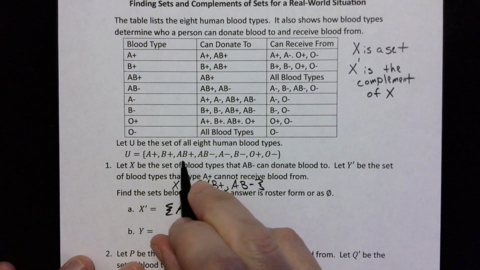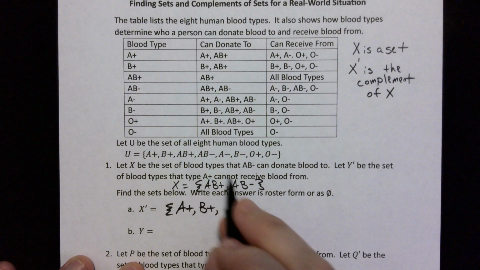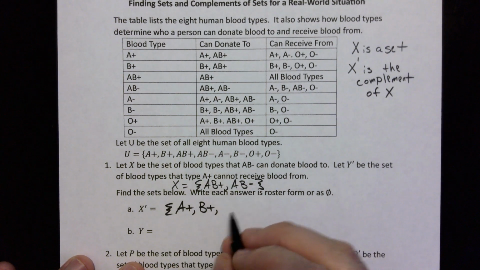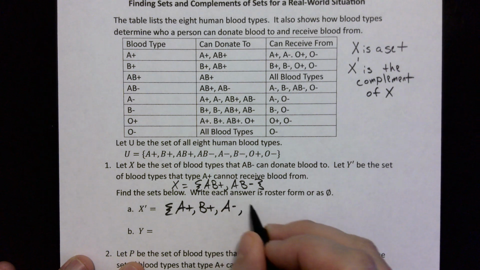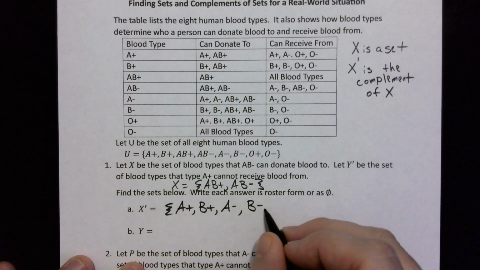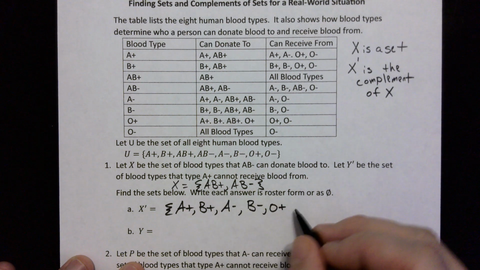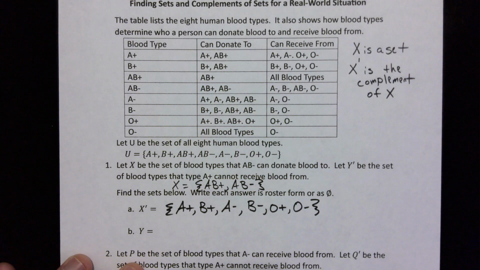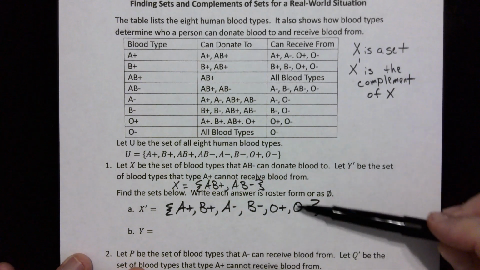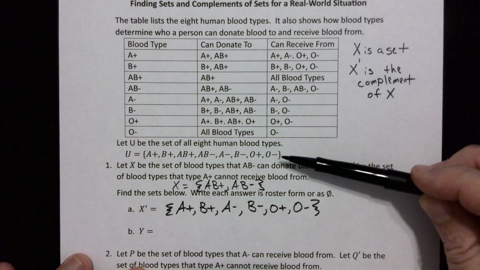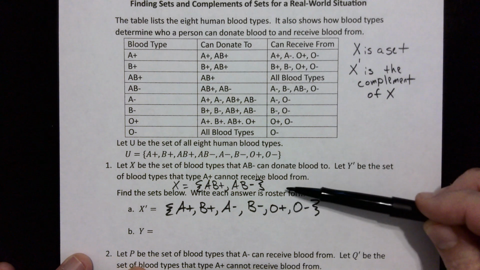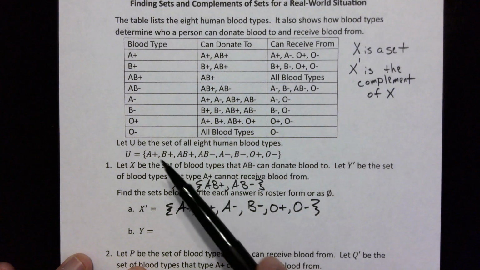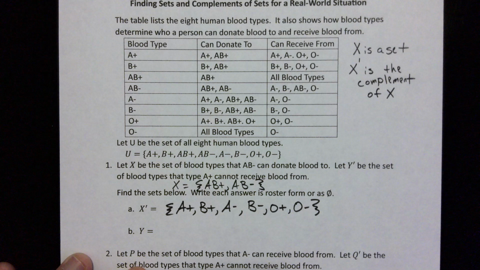I'm not going to write AB positive or AB negative, because they are here. I will write A negative, B negative, O positive, and O negative since they're not here. Once you find the complement of the set, if you combine the two together, you should get the universal set. All elements should be listed, and they are. We have all 8, 2 here and 6 here.